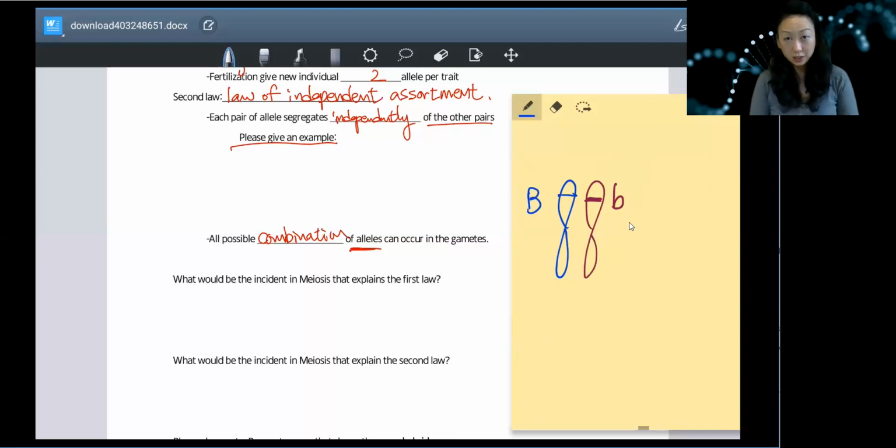So you are heterozygous, and during meiosis 1, remember, homologous chromosomes split. So you either get this big one or this little one, and that happens during anaphase of meiosis 1.